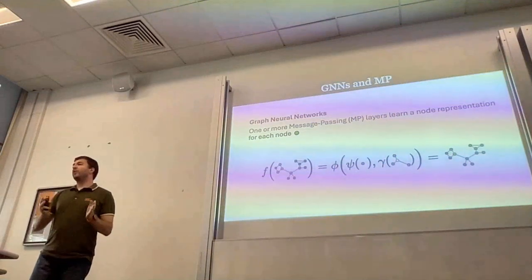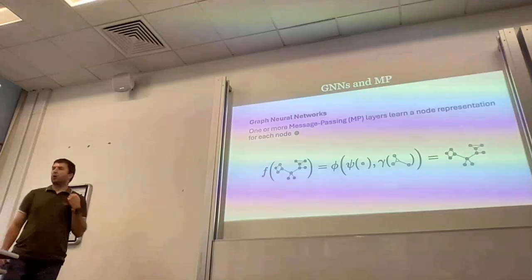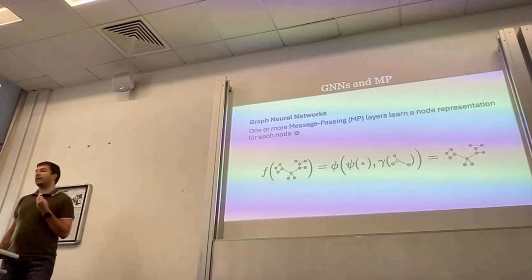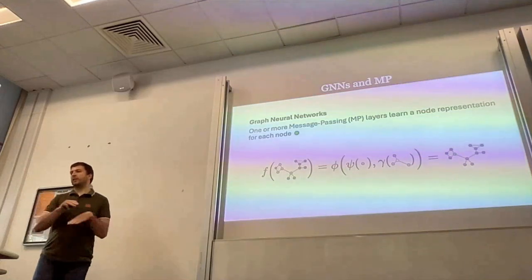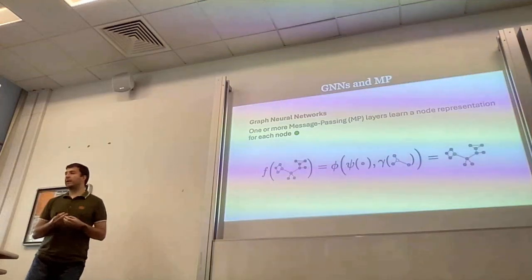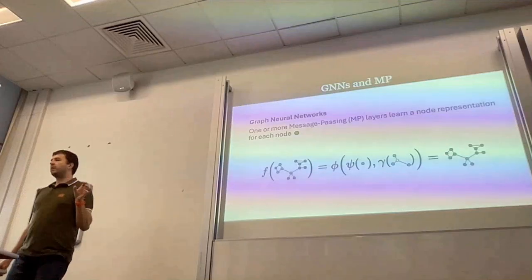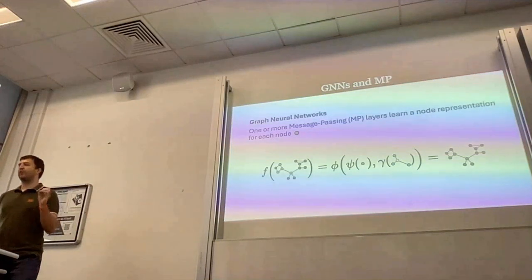Let's now move to graph neural networks and talk about the basic building block of a GNN, which is the message passing layer. We can build the most standard GNN by stacking more message passing layers. The role of the message passing layer is to learn a representation for each node.